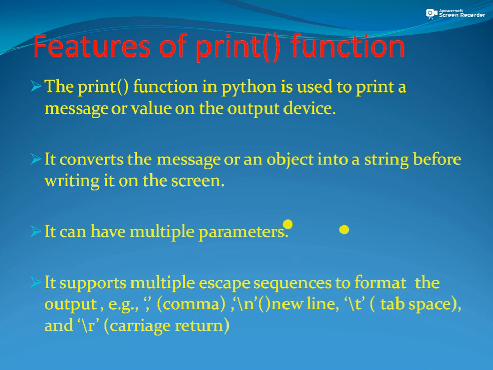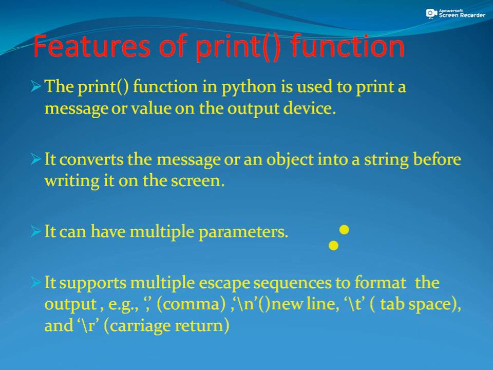Whenever we are using \t, it displays the data with a tab space between them. \r carriage return returns the cursor to the beginning of the same line, and a new line moves the cursor down by one line.